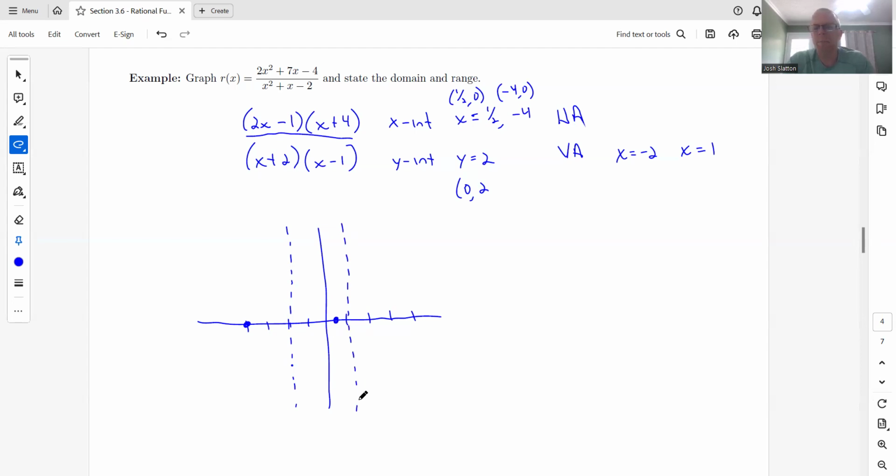And in the horizontal, we're going to compare the degree. So we have degree 2 here, we have degree 2 here, so the degrees are the same. So it's just the ratio of the coefficients. So that is y equals 2. And so let's go ahead and draw that.